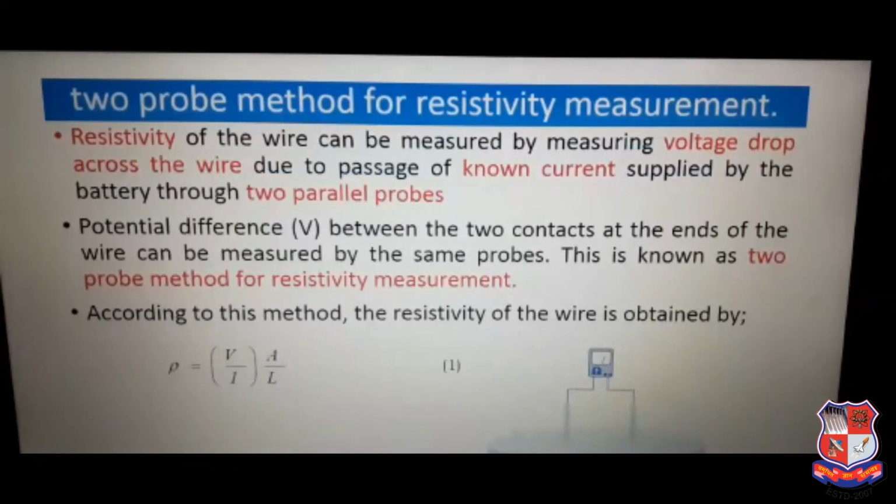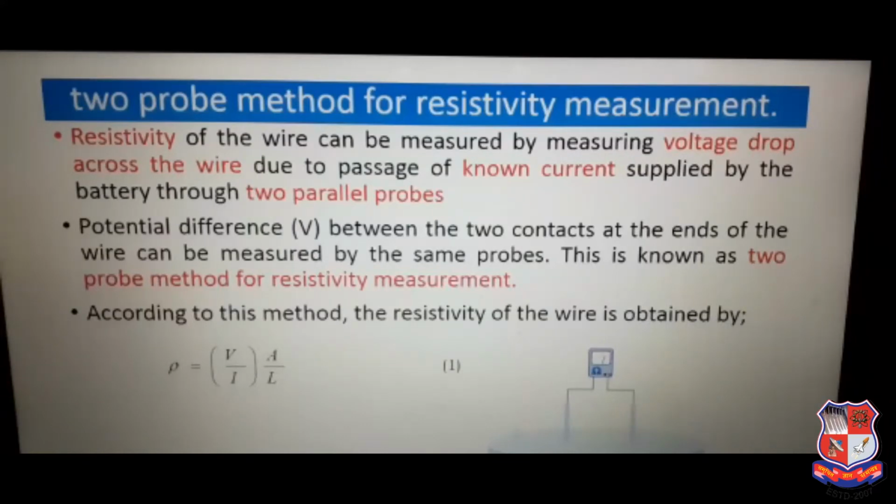Let's see the 2-probe method for resistivity first, then we will discuss the 4-probe method. The resistivity of a wire can be measured by the voltage drop across the wire due to the passage of known current supplied by the battery through 2 parallel probes. The potential difference V between 2 contacts at the ends of the wire can be measured by the same probe.